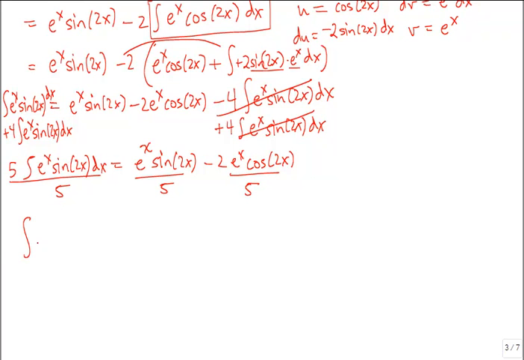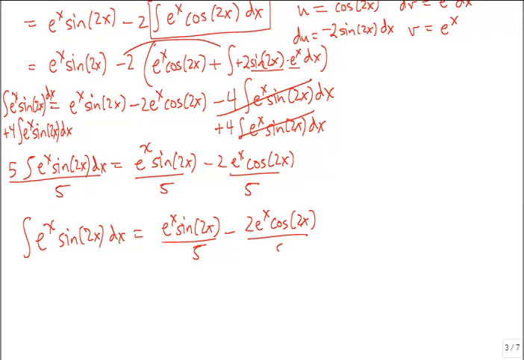So by solving this equation, we have just found that this integral equals e to the x sine of 2x divided by 5 minus 2e to the x cosine of 2x divided by 5, and there's no more integrals over here on the right hand side to solve. So we have figured out what this answer is. All we need is a plus c.